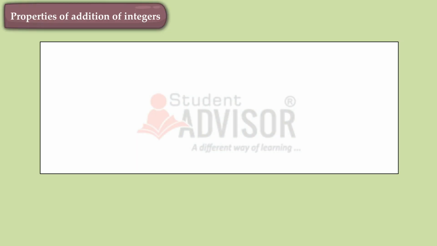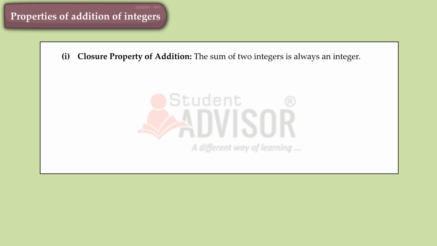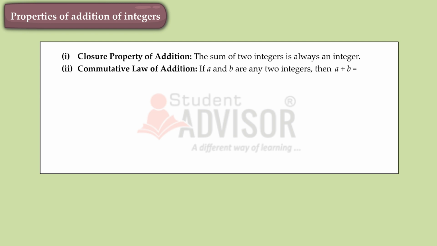Properties of addition of integers. Closure property of addition: the sum of two integers is always an integer. Commutative law of addition: if a and b are any two integers, then a plus b is equal to b plus a.